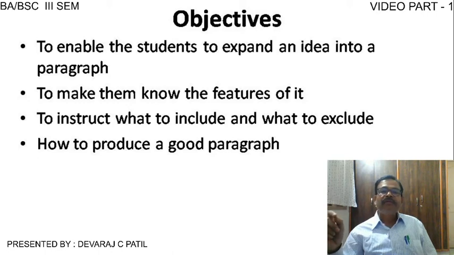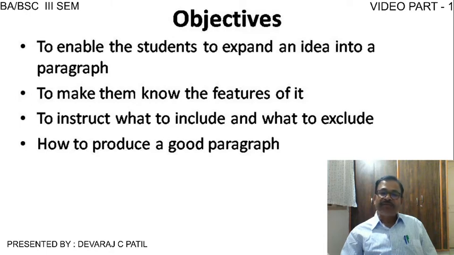That topic will be substantiated with ideas that are directly connected with the topic or theme. All these sentences together will give us an idea of that theme or topic. That is what we call a paragraph.